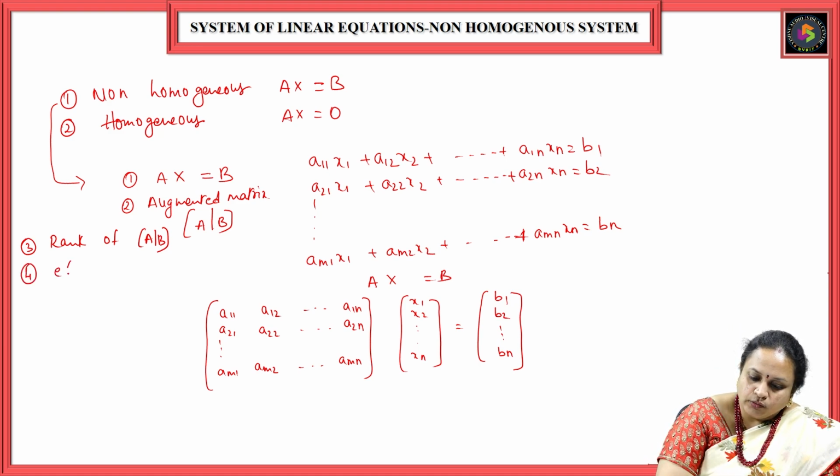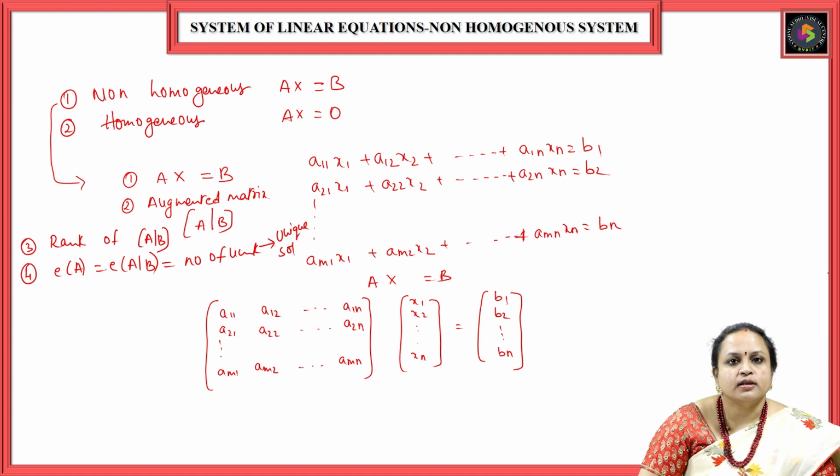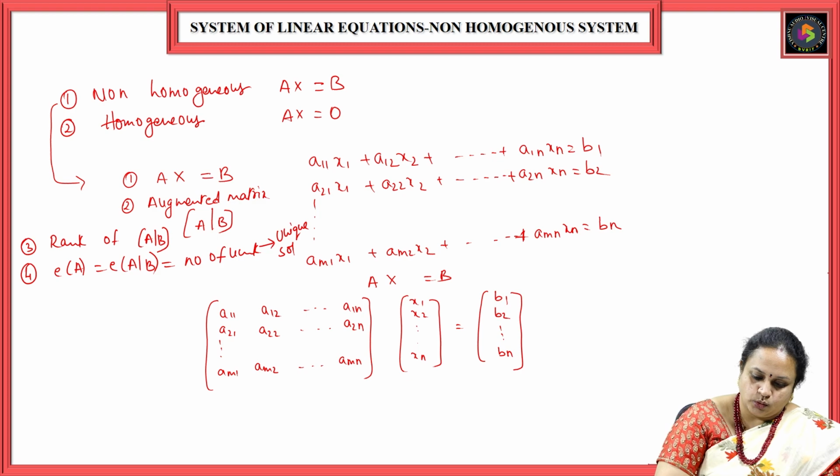If rank of A is equal to rank of AB, which is equal to the number of unknowns, then the system is said to have a unique solution.